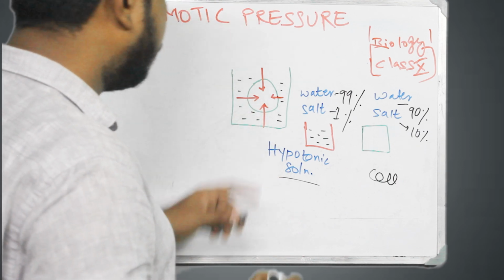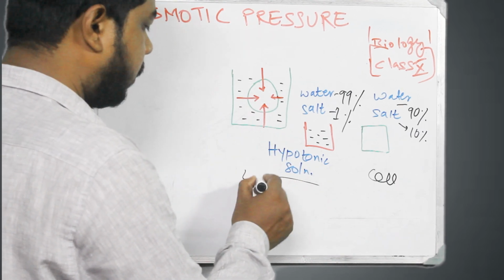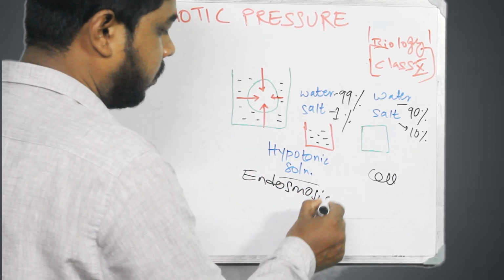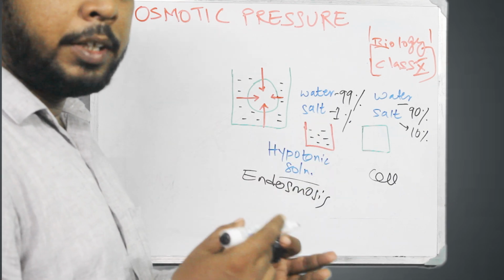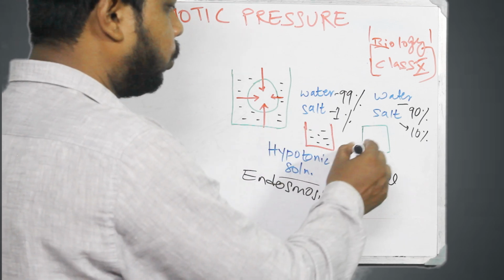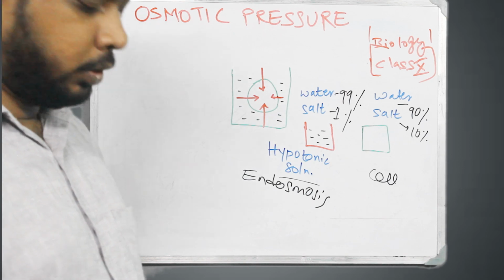What will happen? The water will enter because of endosmosis. I will explain why the water enters the cell through this semi-permeable membrane using endosmosis.